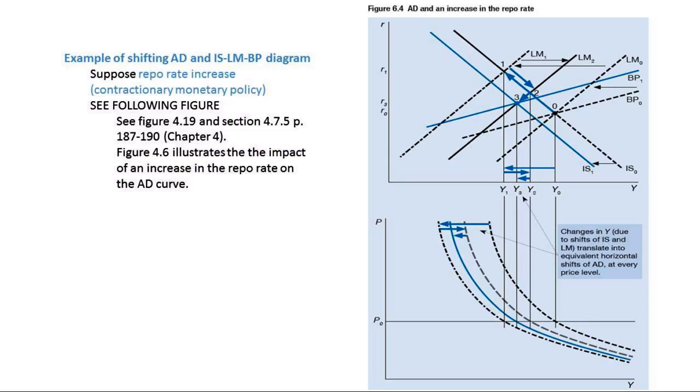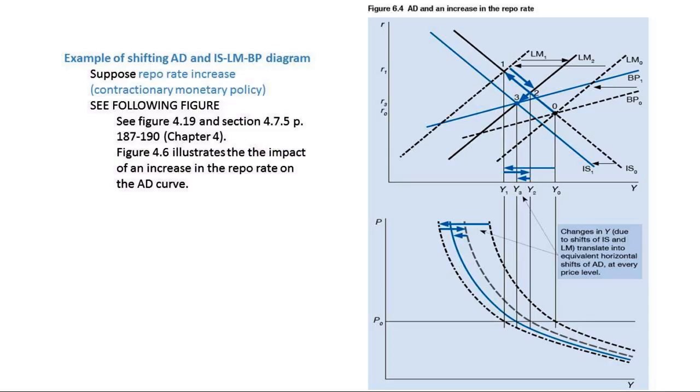Now, let's say you have contractionary monetary policy. The repo rate increases and it moves the LM curve from LM0 to LM1, and you end up with an equilibrium at point 1. Now, we already know higher interest rates means less investment, which means less aggregate spending and a decrease in income to Y1.